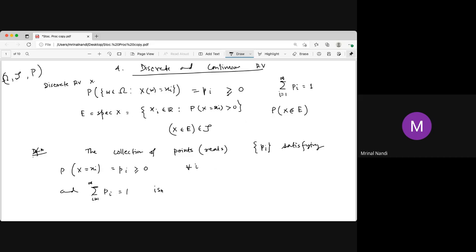That collection is called the probability mass function.